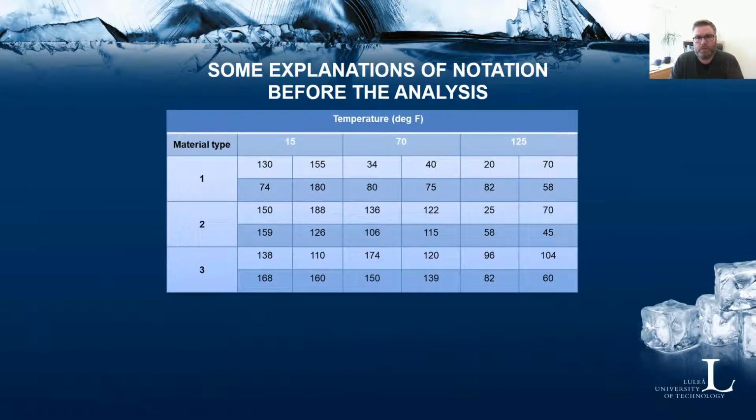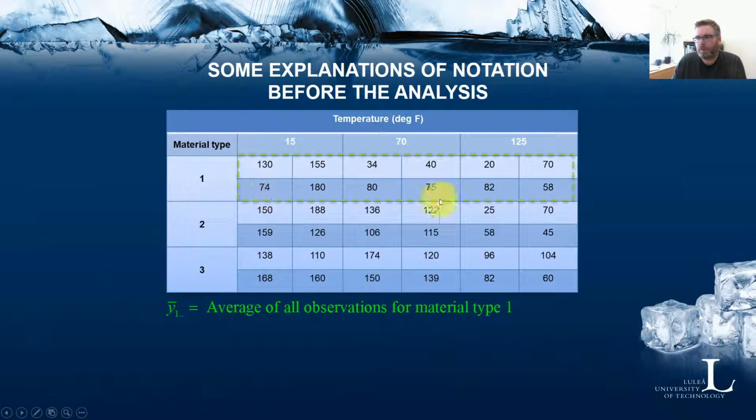Okay, first some explanations of notation that you will need to understand to follow the example in the course book, which is more complete, and also to follow a little bit of the formulas that will come on later slides here. So we can first form an average of all observations for material type 1.